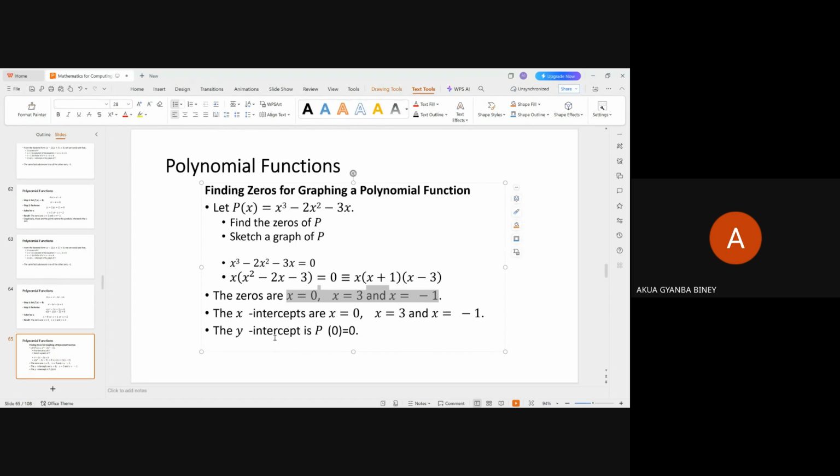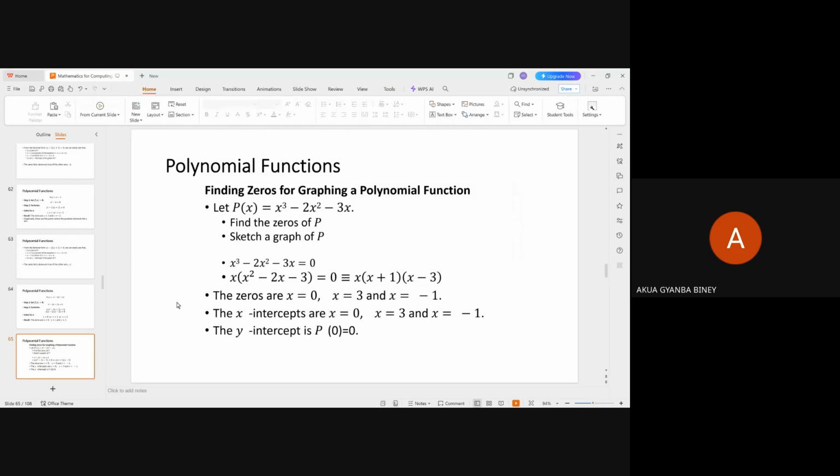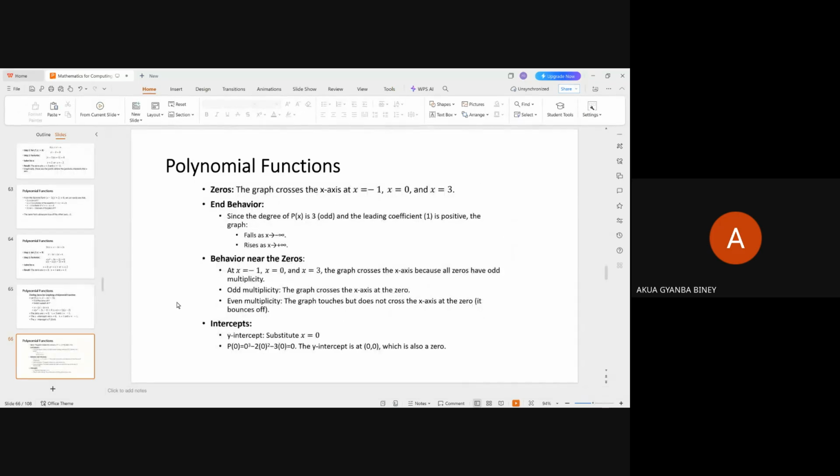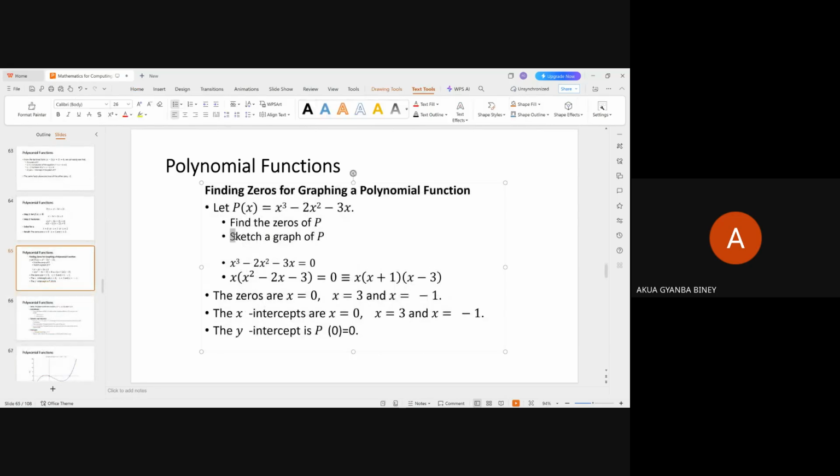The y-intercept is when x is 0, so when the whole thing is 0. And then, with the zeros, what do we do with them? We have found the zeros of a polynomial. Those zeros can help us to sketch a polynomial.